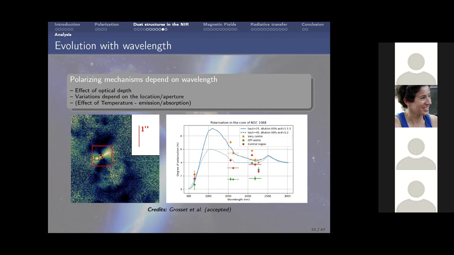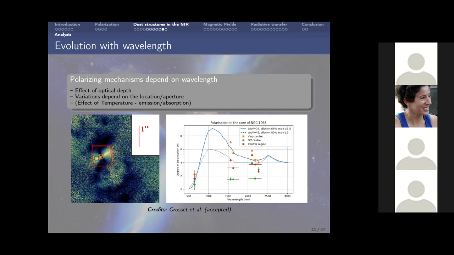Then I've been testing the polarization in different places in the central region. You can see the big red square is about 1 arcsecond wide in the central region of 1068. That's the same image I've been showing before. Then I tried to extract polarization on 2 small regions: the orange region, which is exactly at the center of the AGN, and the green region, which is a little bit off-centered.